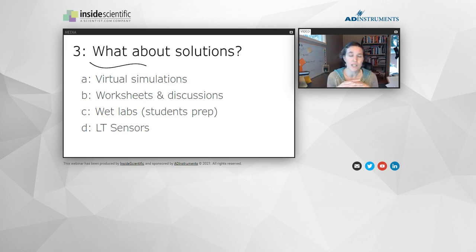The virtual simulation, some of these things we've talked about already. So the virtual simulations, pros and cons of those things. Most textbook companies, I think, have some sort of virtual simulation platform that they are providing. And so the students do their clicking and walking through. I used lab time to do a couple of worksheet discussion activities.